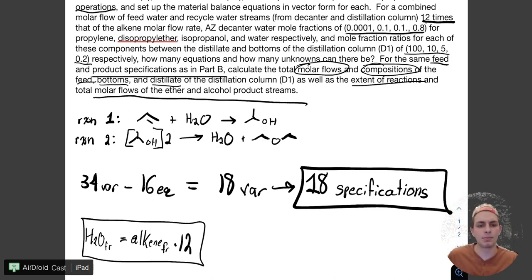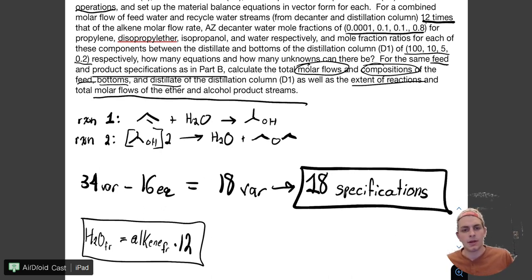So basically we want to solve for the entire distillation column as far as what's flowing into it and the compositions of those, as well as the products leaving the final azeotropic distillation column.